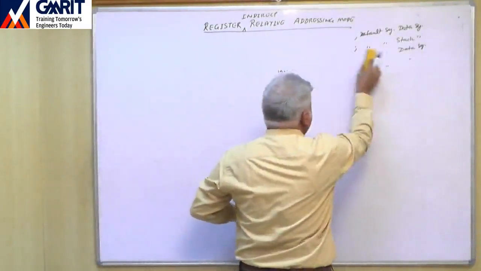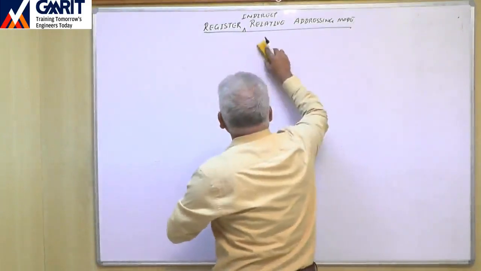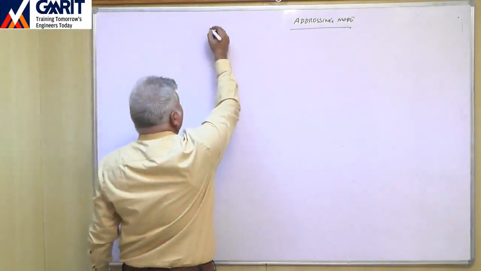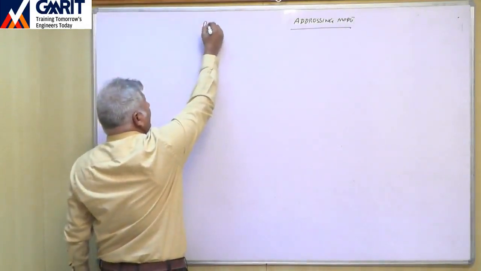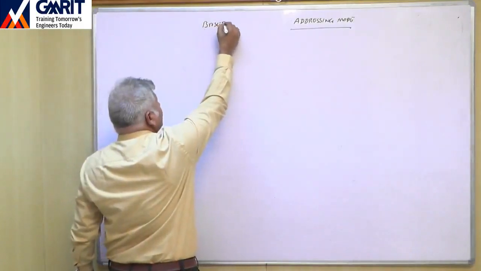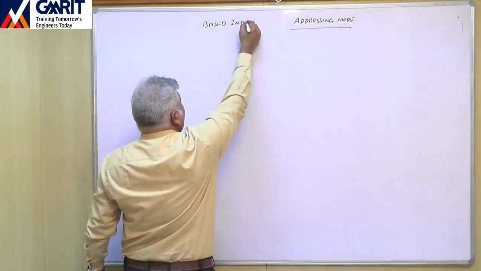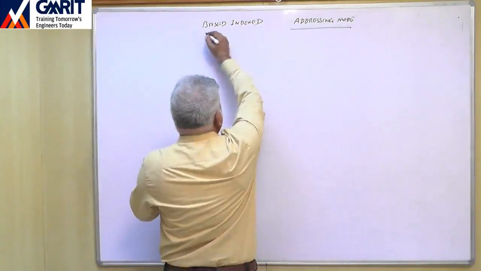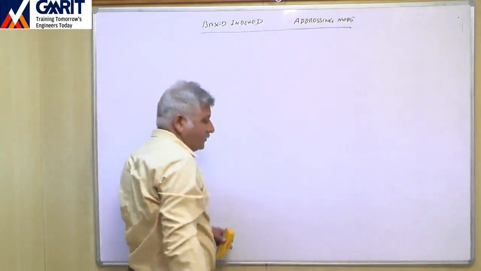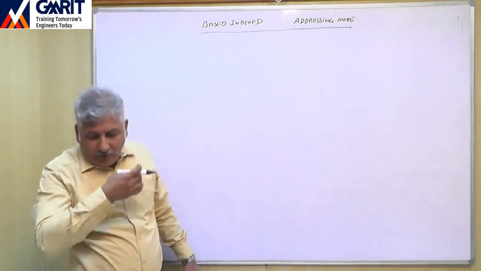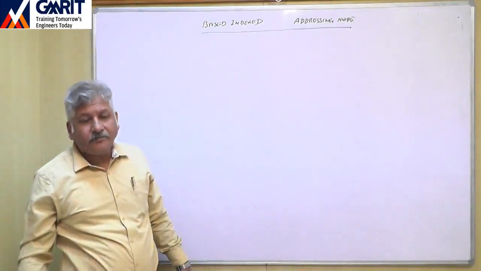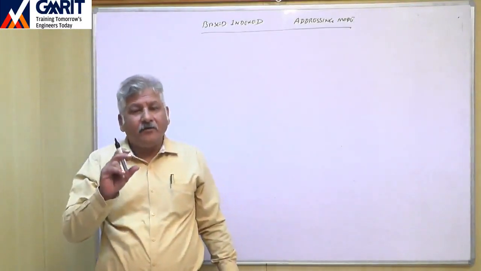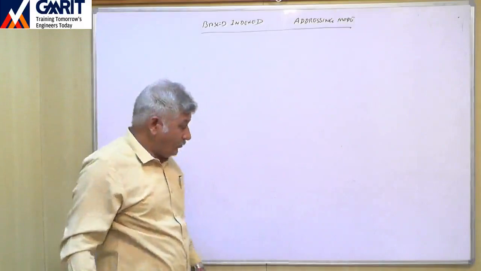Now we will see based indexed addressing mode. In based indexed addressing mode, the offset address will be calculated using 2 registers.